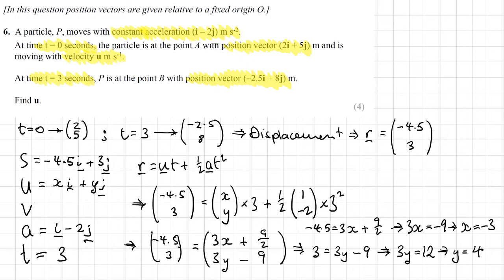So my final answer is going to be that this initial velocity u, and I'll write it in ij form, that's what they gave us, and I can do it in ij form or column form, and that's going to be negative 3i plus j. Let's just underline the u.